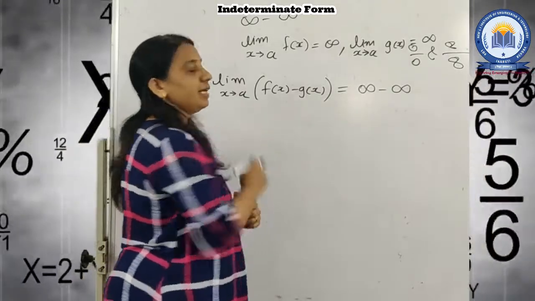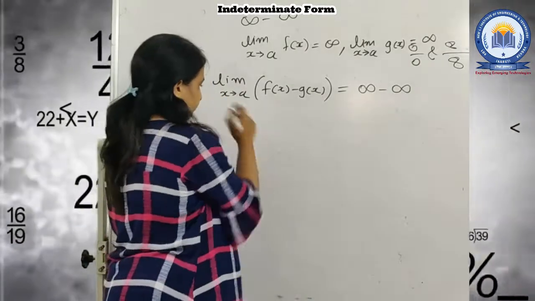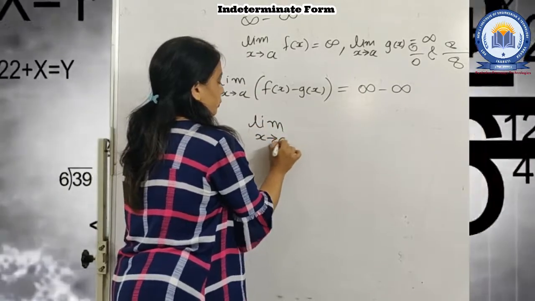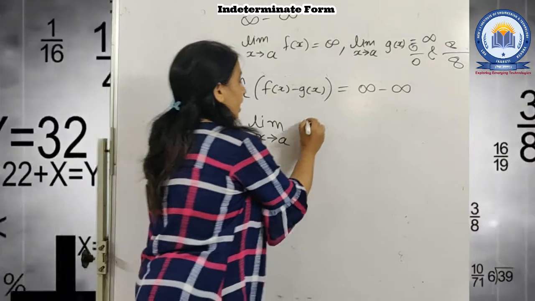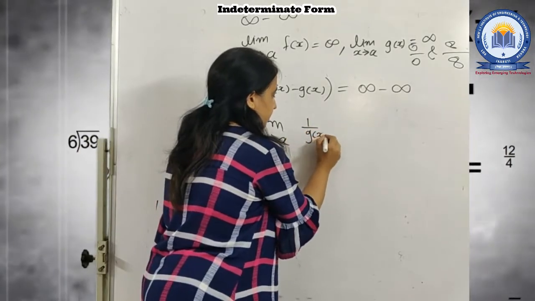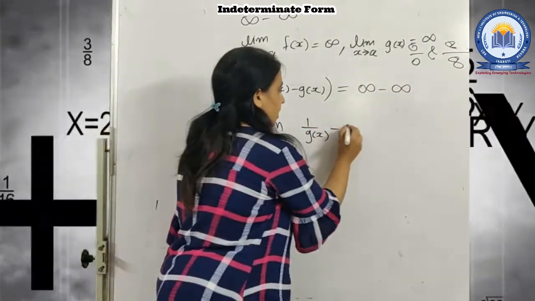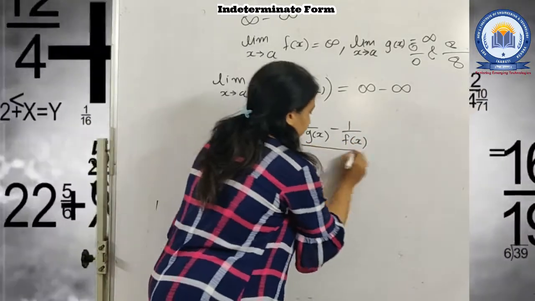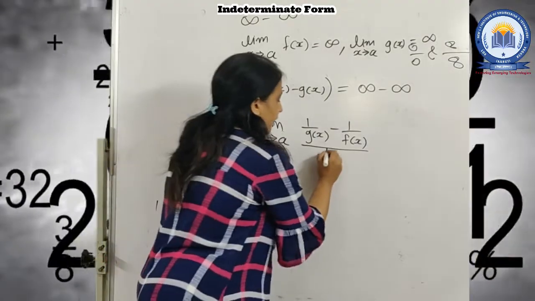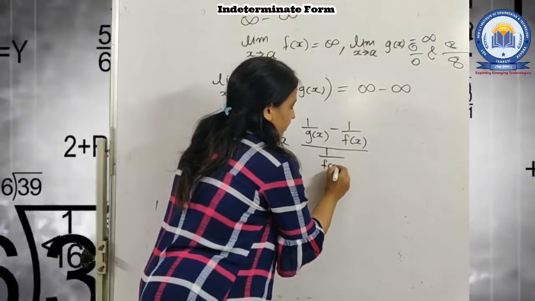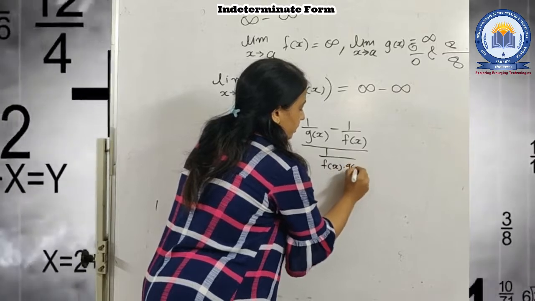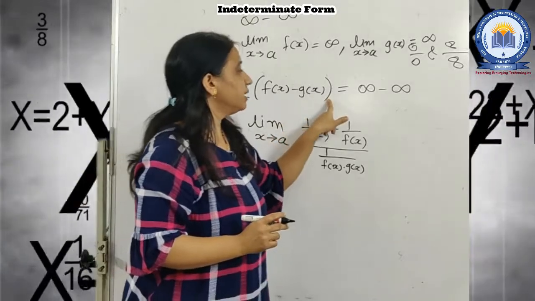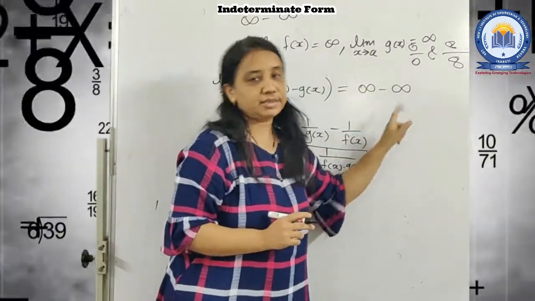This can be rewritten as limit x tends to a of (1 upon g(x) minus 1 upon f(x)) divided by 1 upon f(x) into g(x). So this f(x) minus g(x) gives you infinity minus infinity.